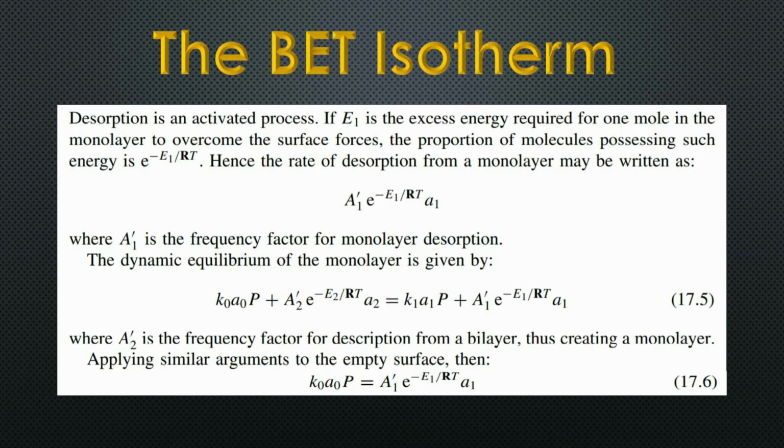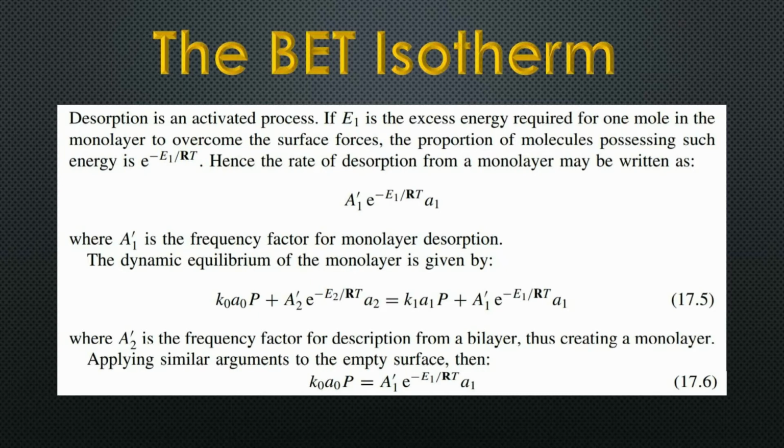Hence, the rate of desorption from a monolayer may be written as, where A1 prime is the frequency factor for monolayer desorption. The dynamic equilibrium of the monolayer is given by, where A sub 2 prime is the frequency factor for desorption from a bilayer, thus creating a monolayer.